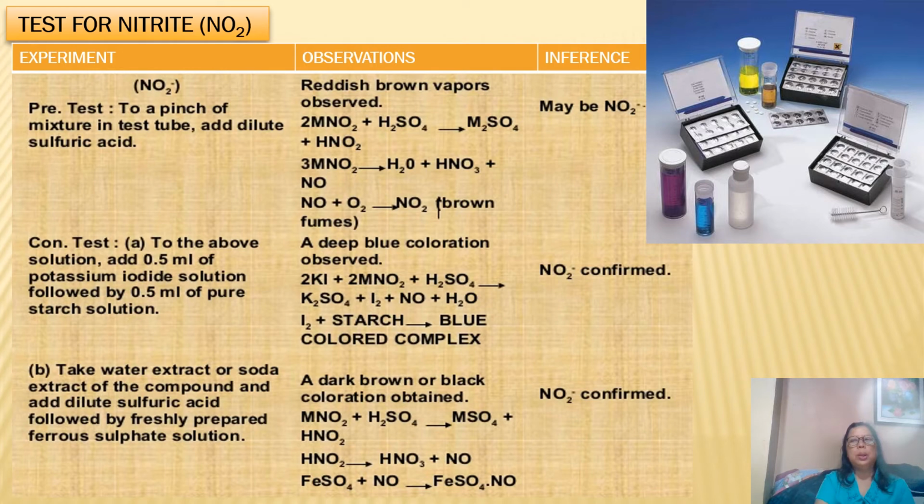So, in order to determine whether that manufacturing firm introducing wastewater to the river is polluting the river or not, a test kit for the test of nitrate is already available. So what we do in the lab, test tube by test tube, drop by drop, could be simply done using this test kit.